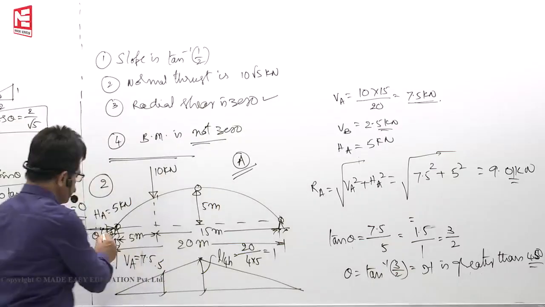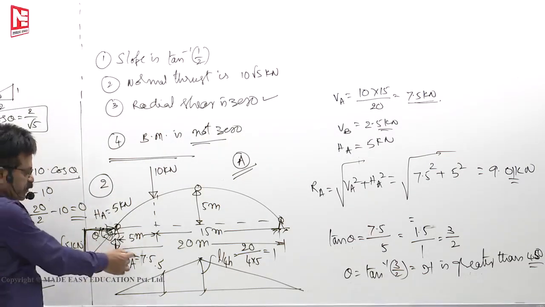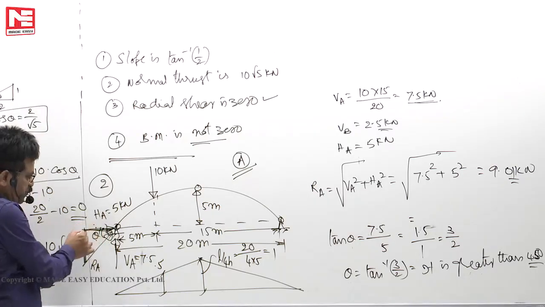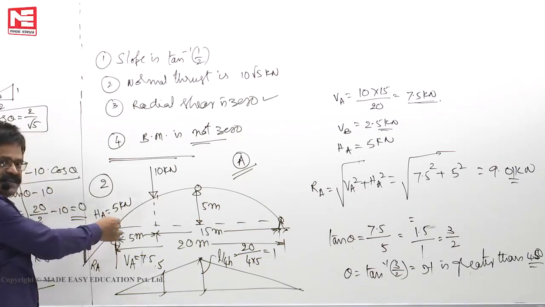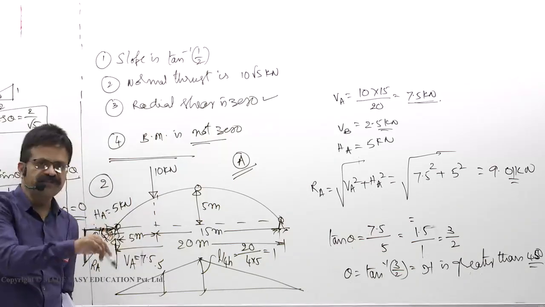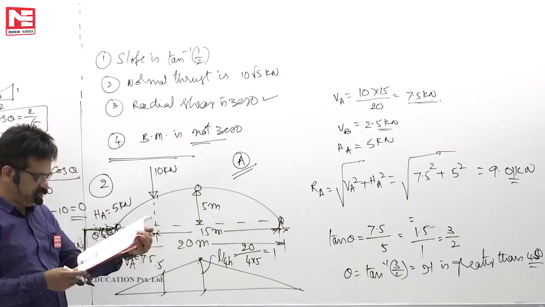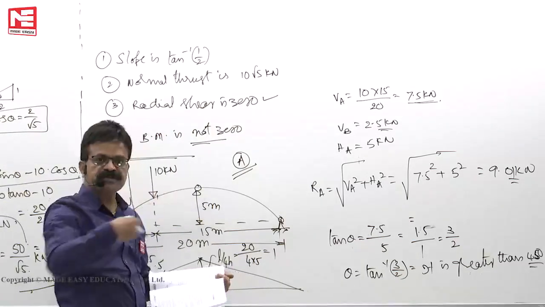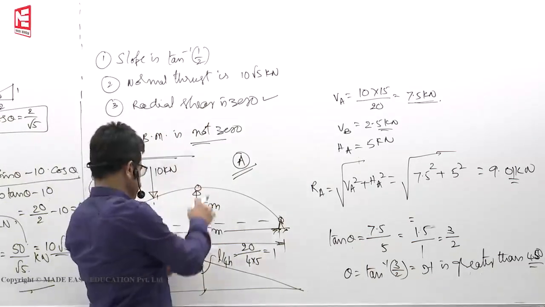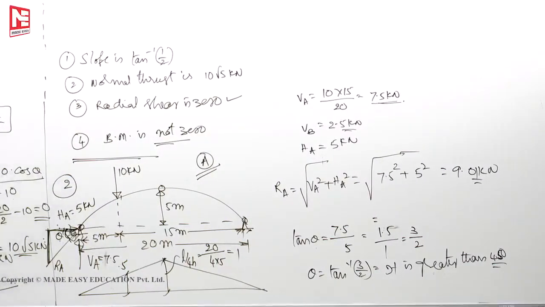This is 5 kilonewton, this is 7.5 kilonewton vertical reaction. If it were 5, then tan theta is 5 by 5, 45 degrees. If it is more than that, more than 45 degrees, 56.31 degrees is the natural option. So that's the process of elimination. Second question, A is the answer. See, nowhere did we use the calculator.